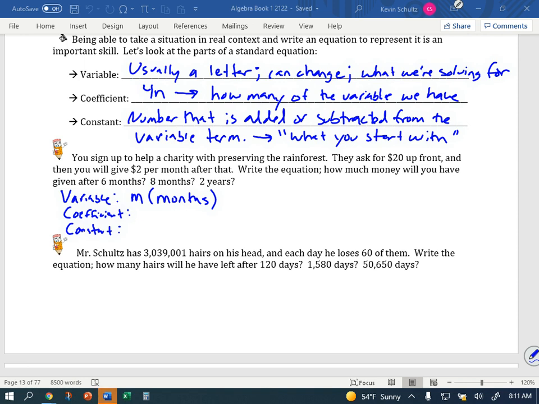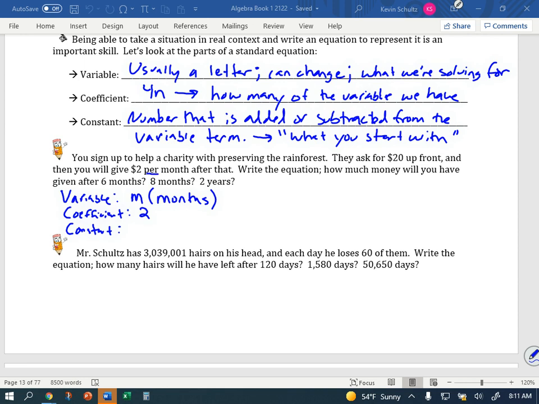Okay? What's our coefficient? Alex? Why 2? Yeah. As our length of time increases, so will the amount of money that we give at a rate of $2 per month.